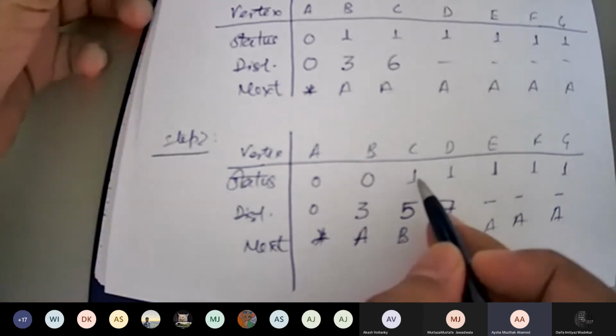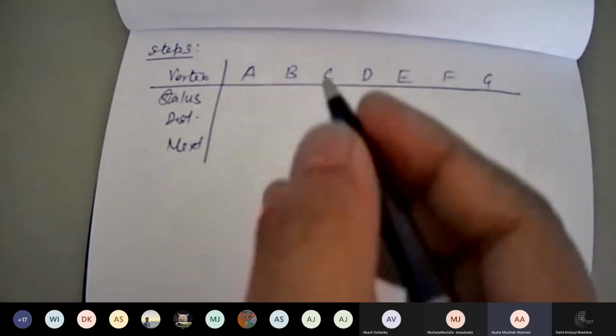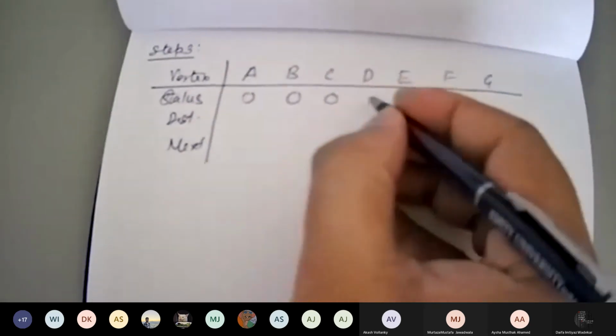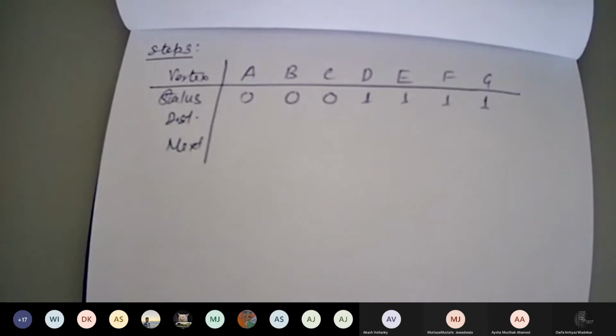So in the next step, what will be the status here? 0. It means A status is 0, B status is 0, and C status is 0. Rest all status is still 1, meaning we have not found it.